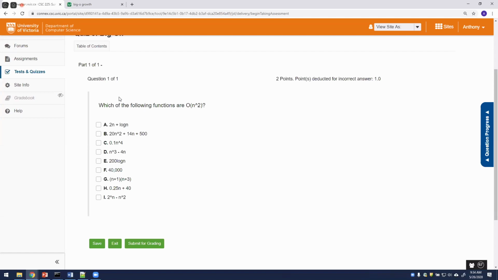So for this next one, we've got 3 log n. And that's going to be less than or equal to 4 log n for all n greater than or equal to 1.